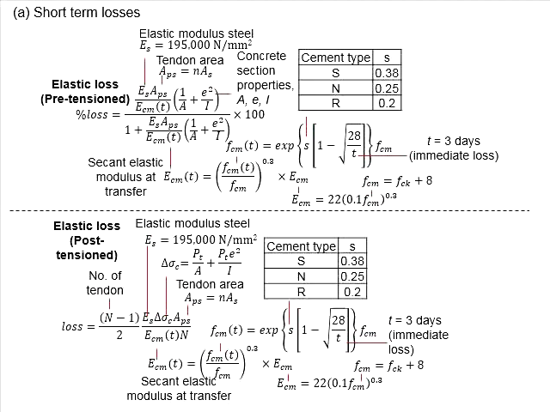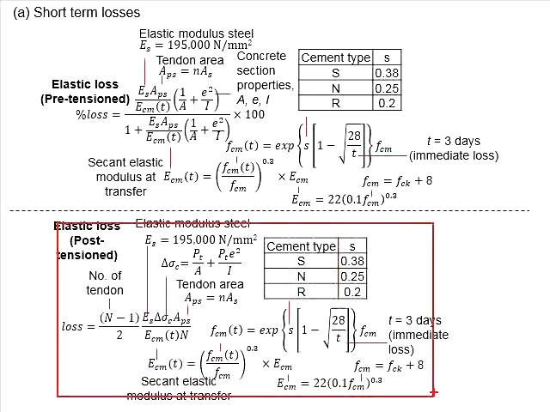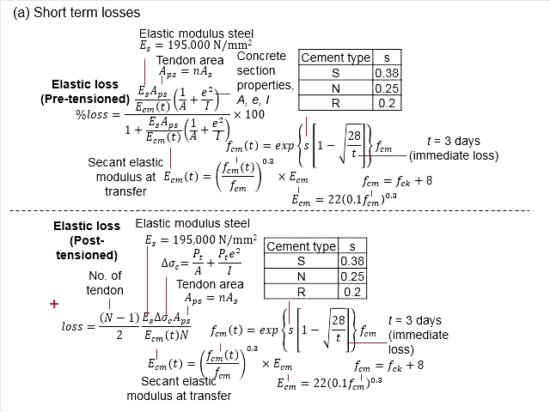Now that we have understood the concept of the elastic losses for the post-tension member, let us look into the equations to determine it. This is the equation to determine the elastic losses. The big N here represents the number of tendons.